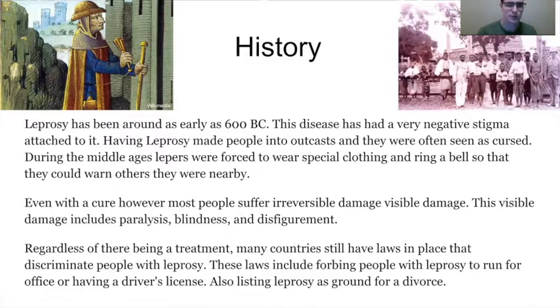Regardless of people being treated, many countries still have laws in place that discriminate against people with leprosy. These laws include forbidding people with leprosy to run for office or have a driver's license. And this includes even if they're cured of leprosy. Leprosy is also listed as grounds for divorce in some countries.